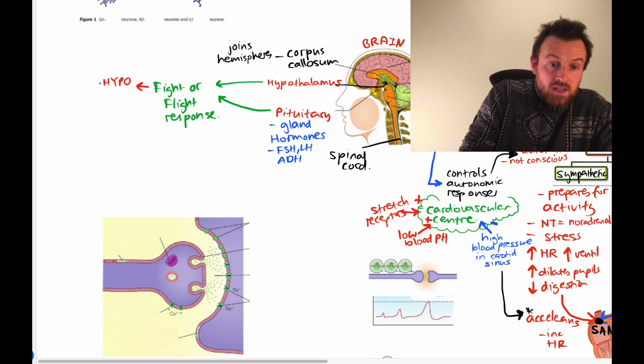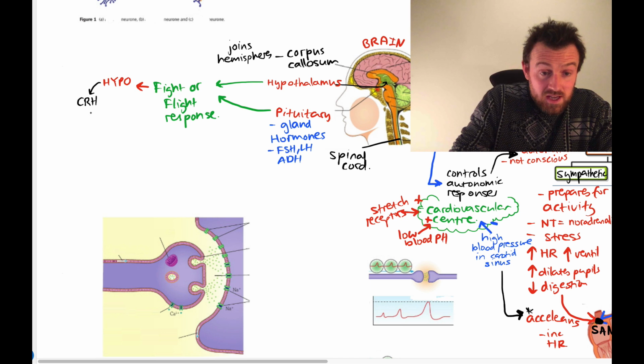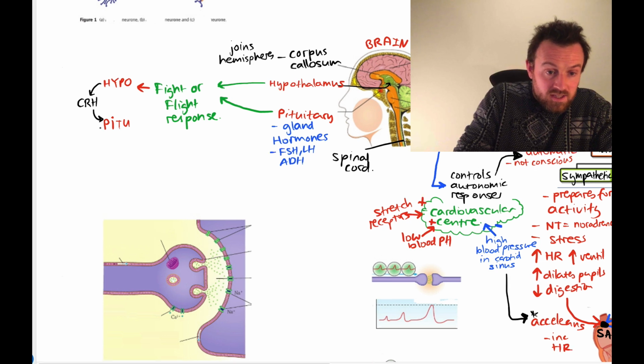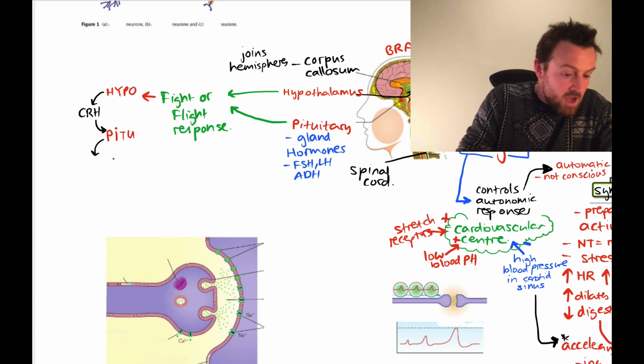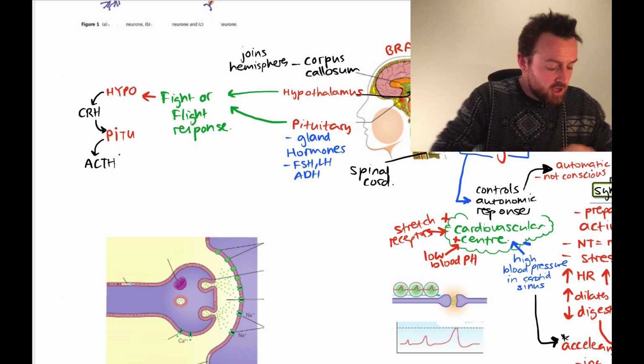So it can release a hormone called CRH, which stands for corticotropin releasing hormone, which then causes the pituitary, so I'll just write pitu, which then causes the pituitary to release ACTH, which is what on earth does that stand for?